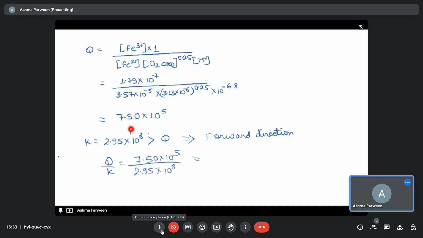After solving this, we are getting Q by K as 0.0025. So we can see that the ratio of Q by K is much less than 1. So we can treat this reaction as irreversible.